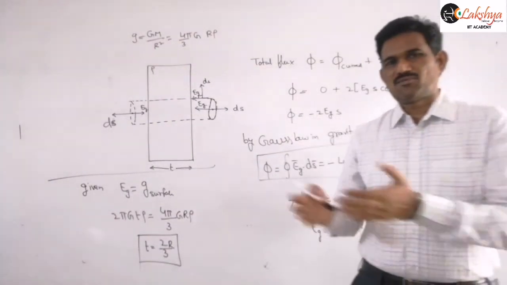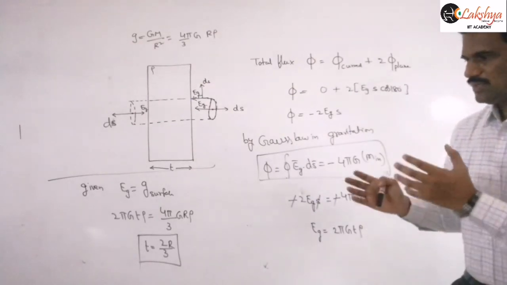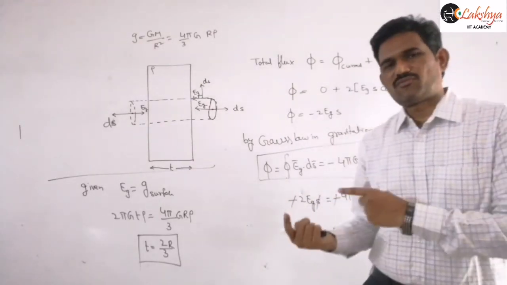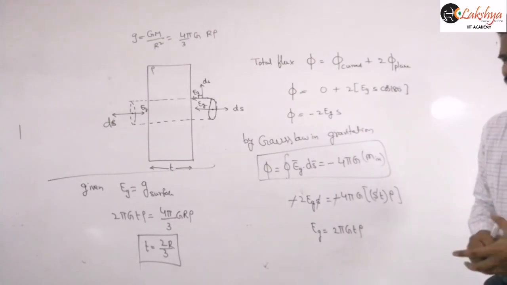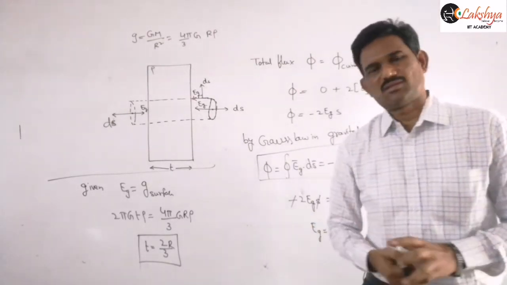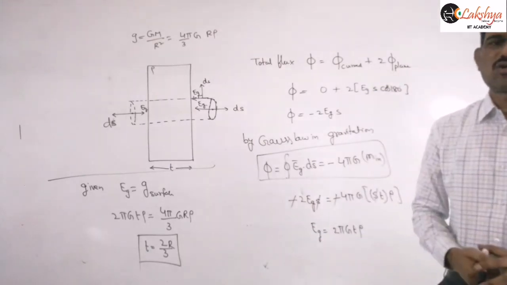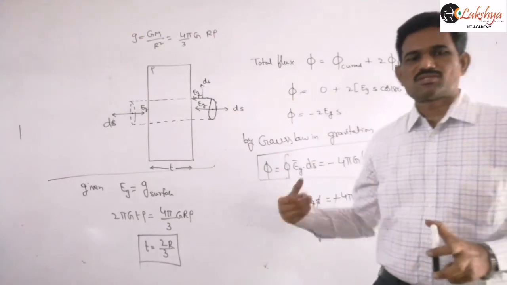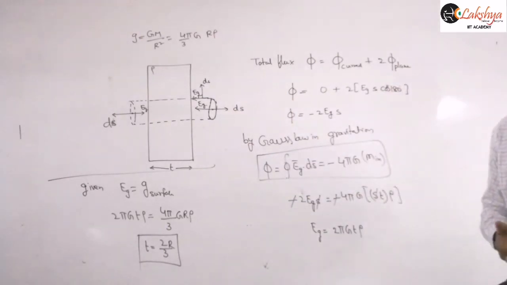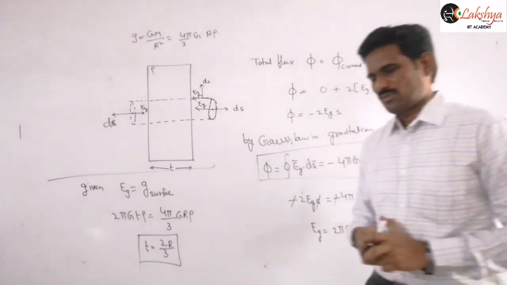If the plane has this much thickness, then it produces the same gravitational field as that of our present earth on its surface, where R is the radius of the earth. Like that we can apply Gauss law in gravitation also, and particularly for this type of problem, Gauss law in gravitation is required.